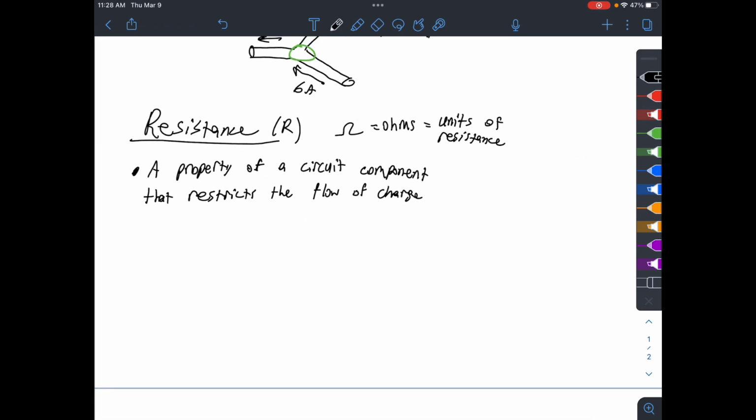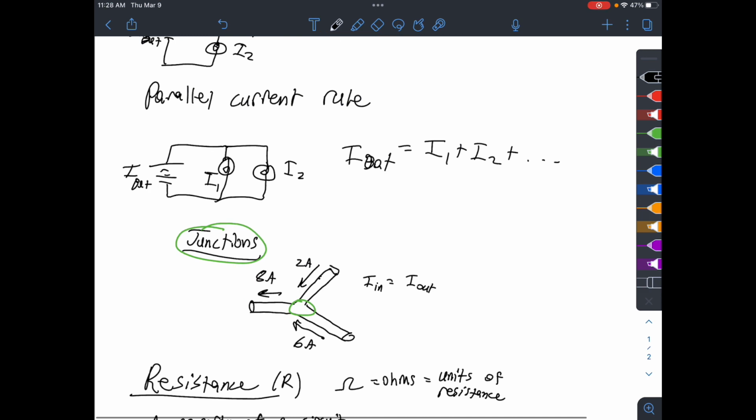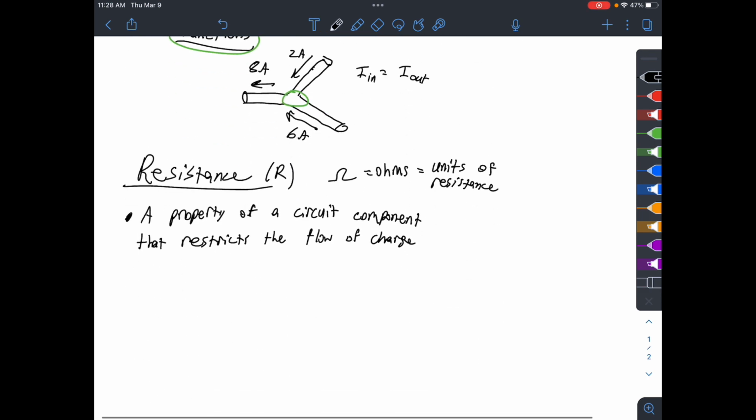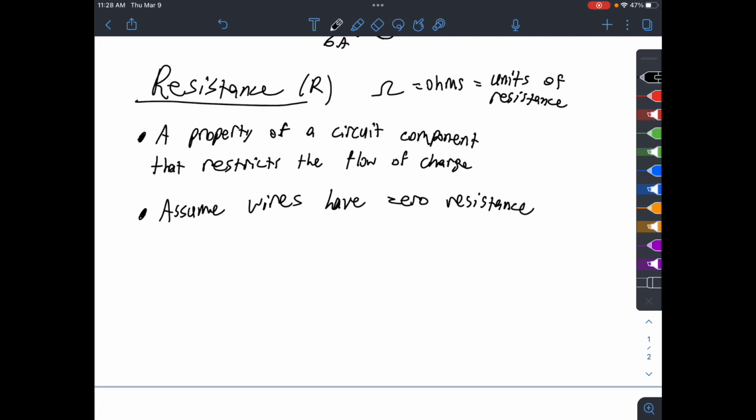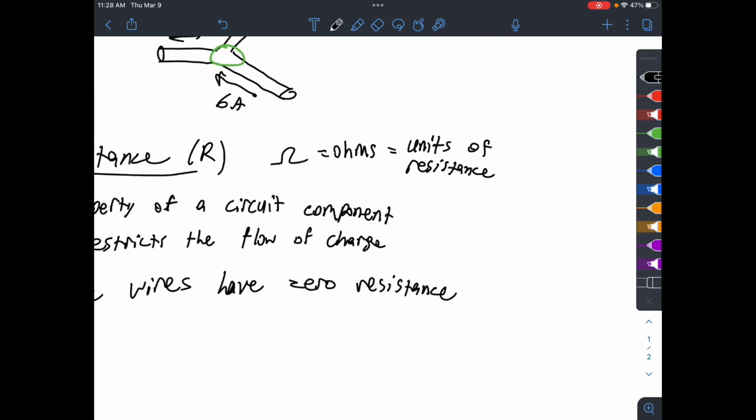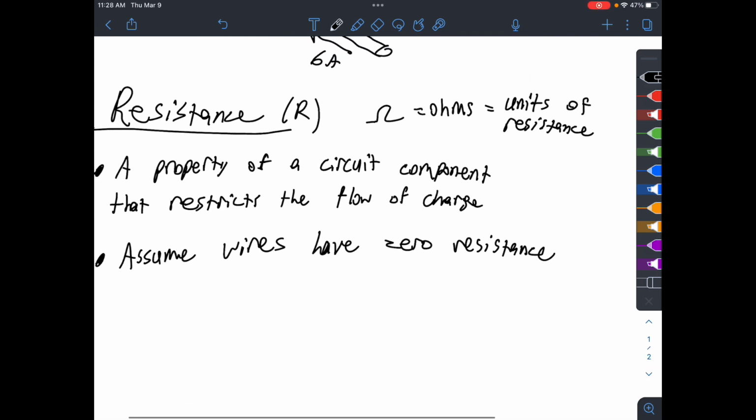In a circuit, we've been drawing a lot of wires like this as those straight lines, or just lines in general. We tend to assume that wires have zero resistance. And we've already talked about the units of resistance.